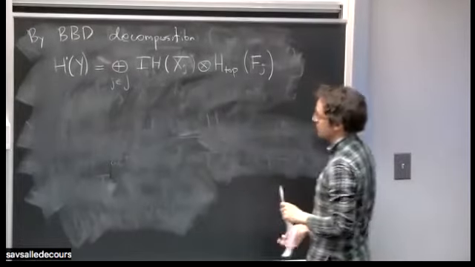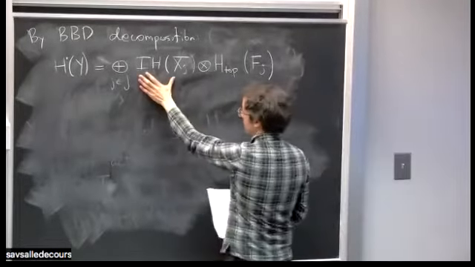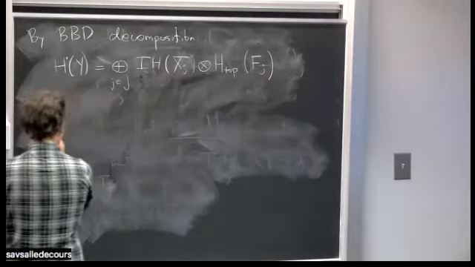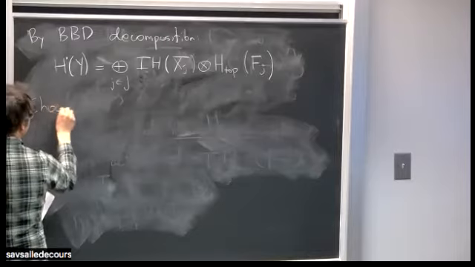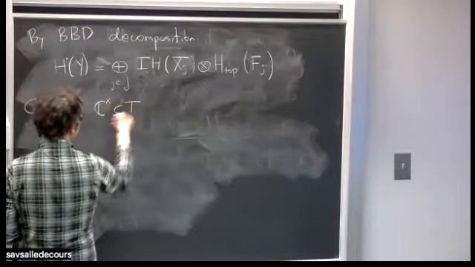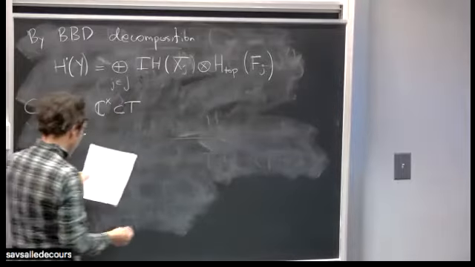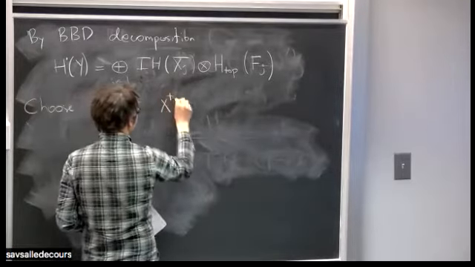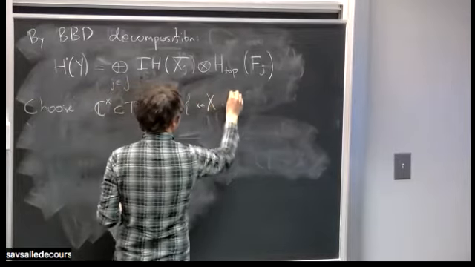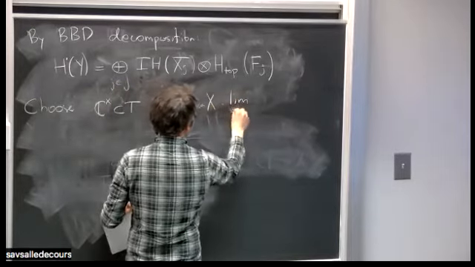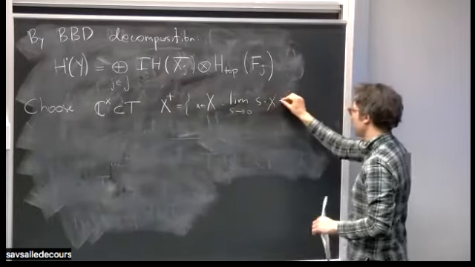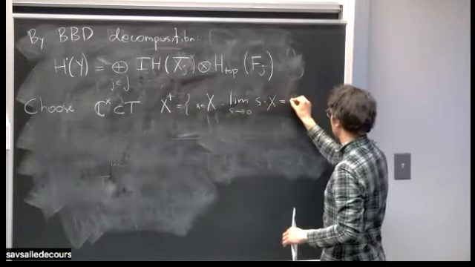We can further study this using the Hamiltonian C-star action. We'll choose a generic C-star inside that Hamiltonian torus, and let X plus be the set of all points in X for which the limit of the action gives you the zero point.